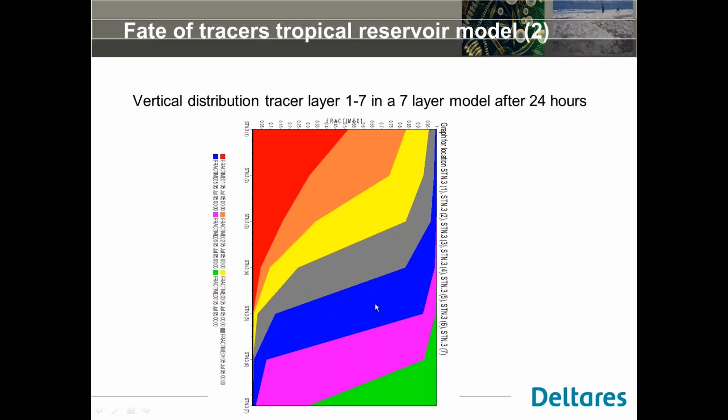Actually, this picture also shows that in this particular case, mixing in the upper part of the column is bigger than mixing in the lower part of the column, because tracers released in the lower layer don't get very far during the time step.